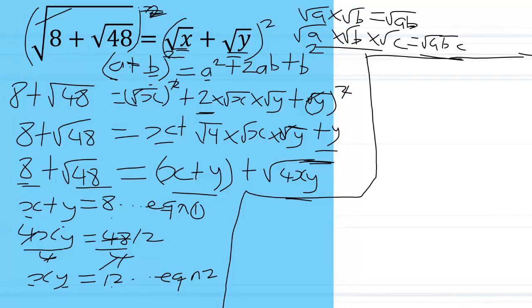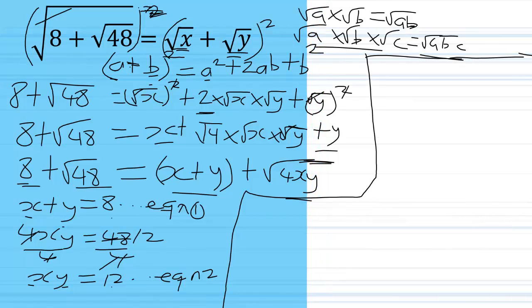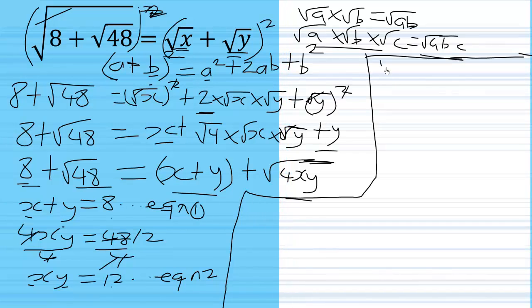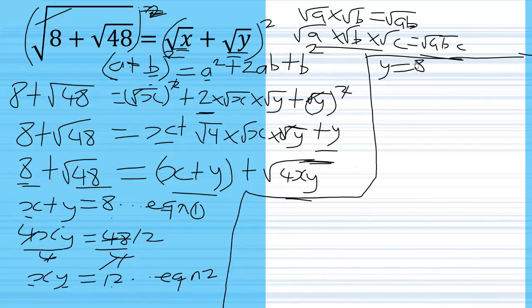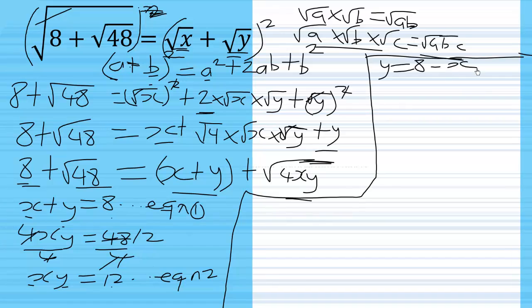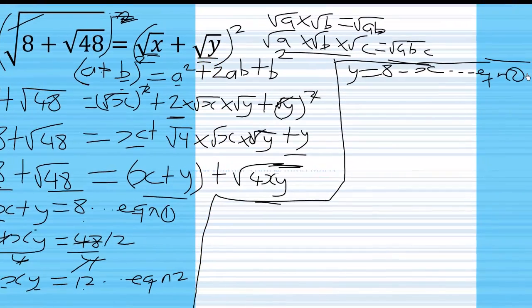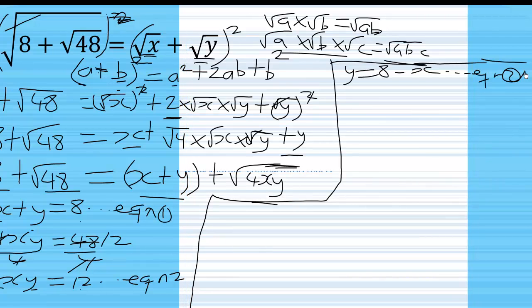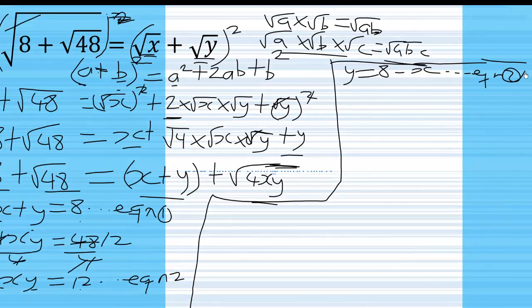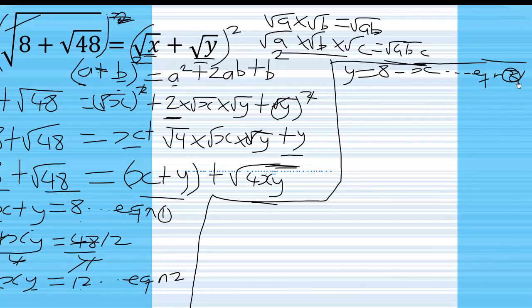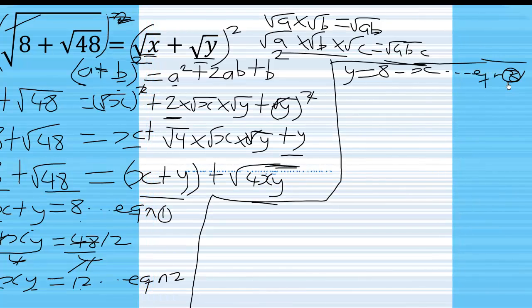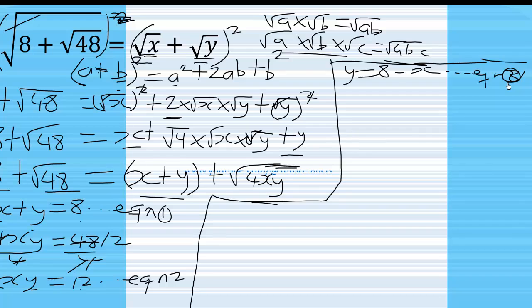So we can make y the subject in equation 1. So y will be equal to 8 minus x. So we can call this equation 3. We plug in equation 3 inside equation 2.